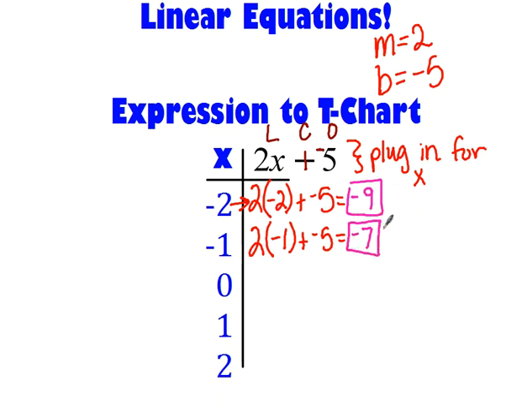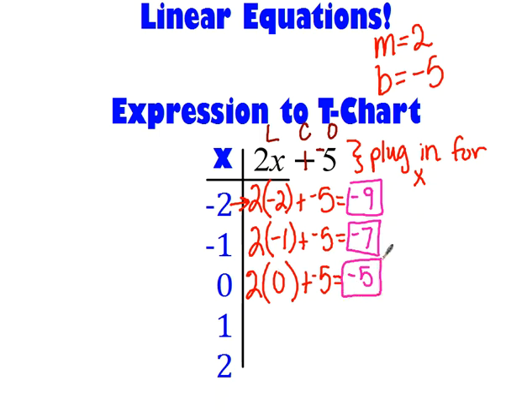You might be able to sense a pattern here, but we can't tell that until we have 3 values in a row. So let's plug the next one in. 2 times 0, plus negative 5. 2 times 0 is 0, plus negative 5 is definitely negative 5.